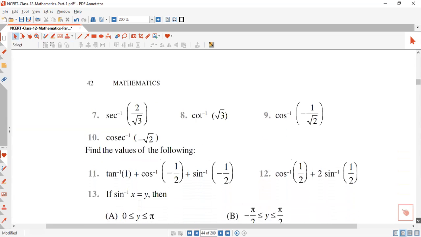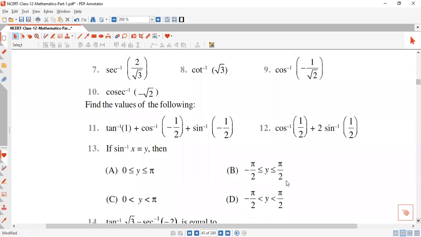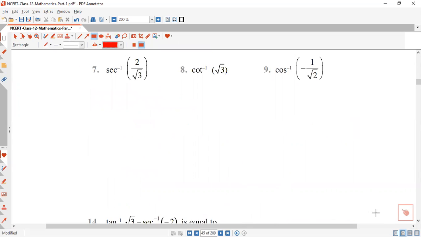Now, question number 7. We are interested to find out the principal value for sec inverse 2 root 3. See, the sec function, I would like to convert basically into sine, cos, and tan.